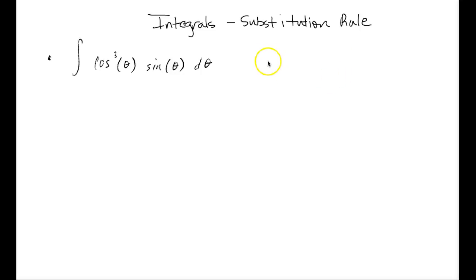However, if we were to allow, let's say, u here to equal cosine of theta, then of course, if we took the derivative with respect to theta, that would be minus sine theta.